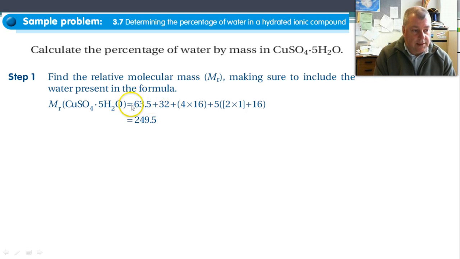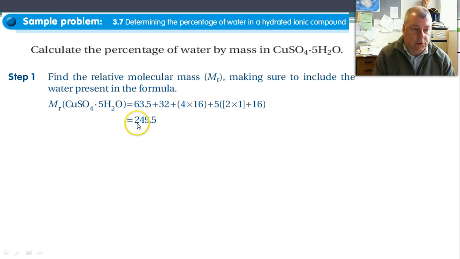So that means that there's our copper, there's our sulfur, there's our 4 oxygens, and then we have 5 times a bracket of 2 hydrogens and 1 oxygen. And so we have to be very careful with writing these formulas and doing the multiplication correctly.